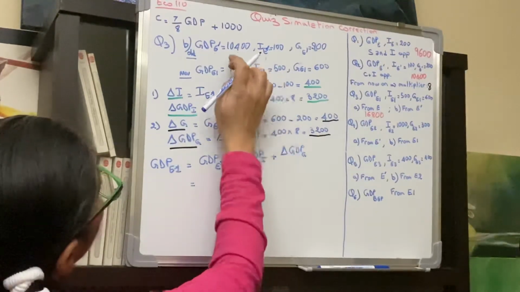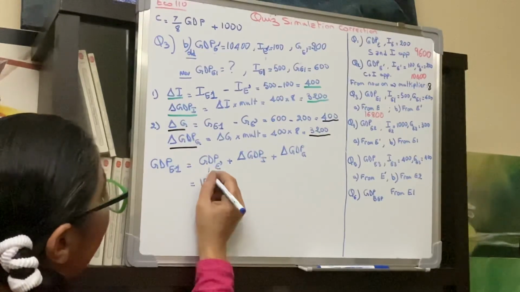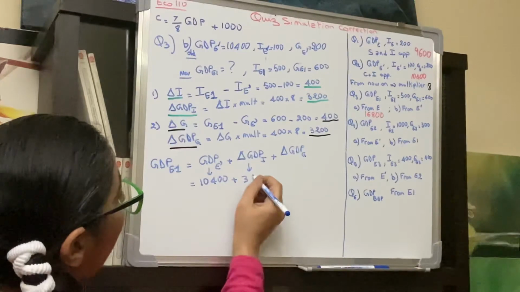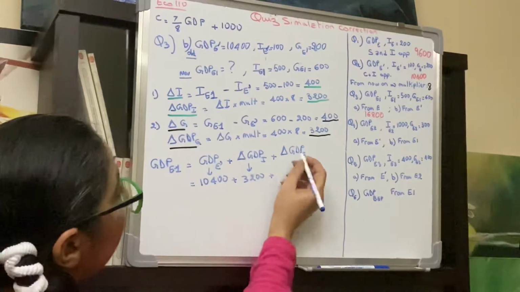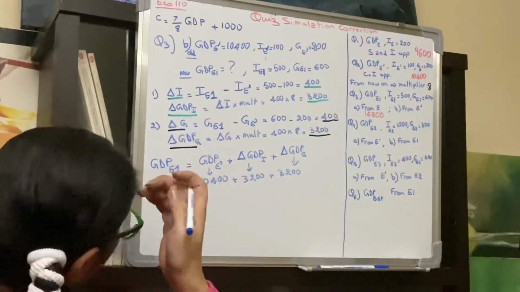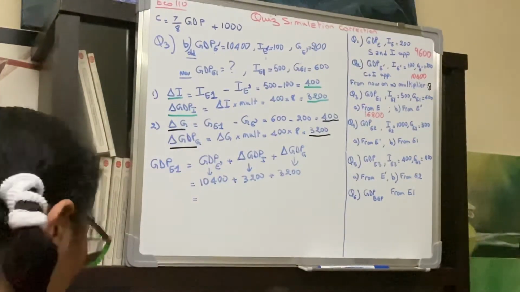That's going to give me 10,400, plus 3,200, plus 3,200, which is equal to, that would be 6,400.